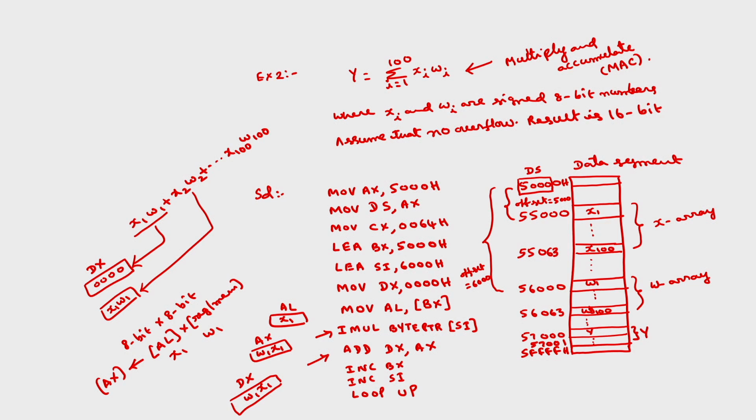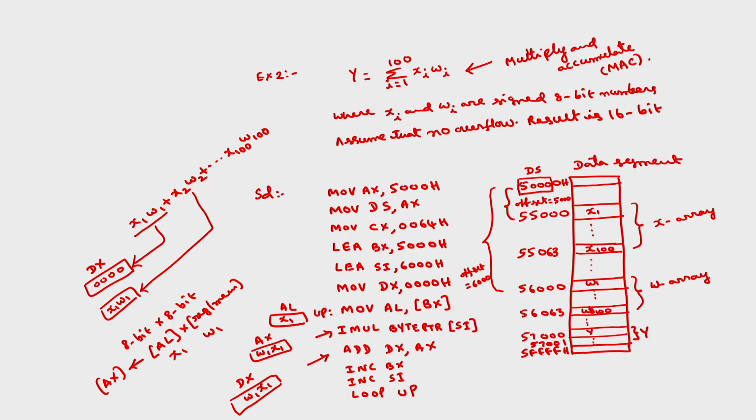So in the up we have to perform x2 into w2, and we have to add it to w1 x1. So where should this up be? This up will be now in here. Now what will be taken into AL? In the second iteration, the contents of the location whose offset is present in BX. So what is the offset in BX? BX was initially 5000, here I have incremented by 1, so this will be 5001.